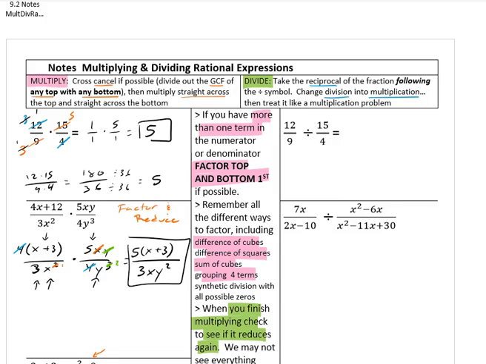So this would become 12 over 9 times, you would change it to times and flip. And now we can see we can reduce 12 and 15. You can put a 3 in there, so that'd be a 4 and 5. It would be left with 16 over 9 and 5 makes 45.